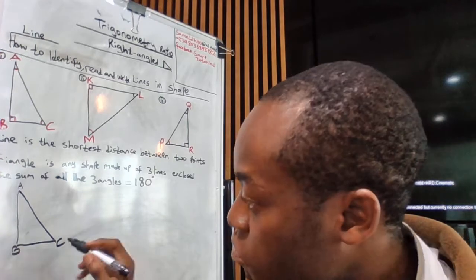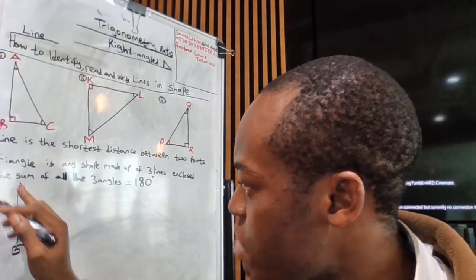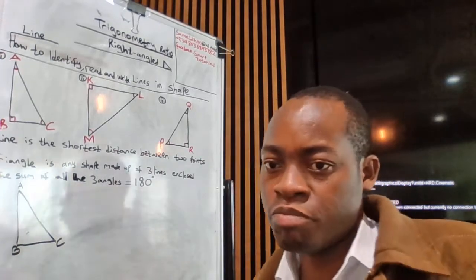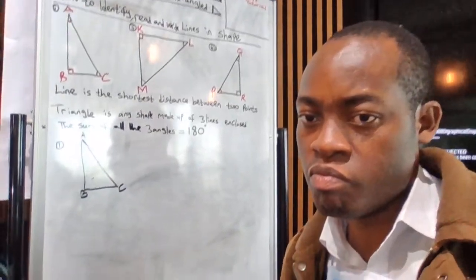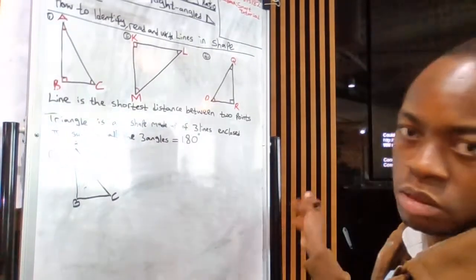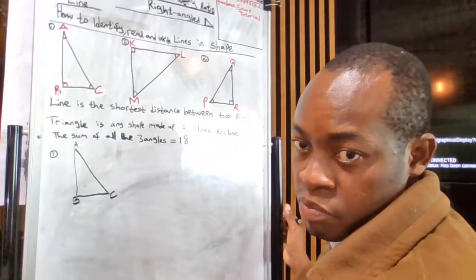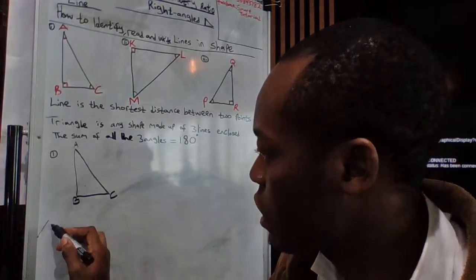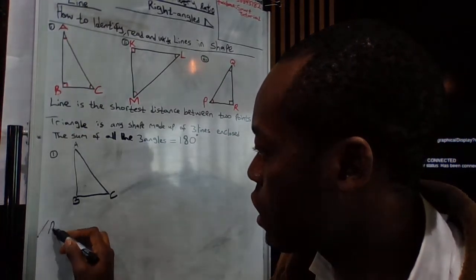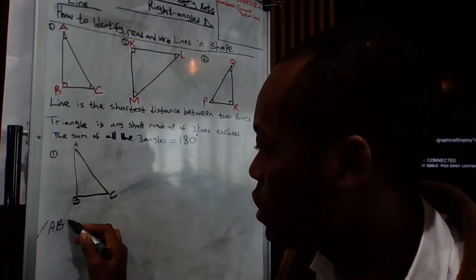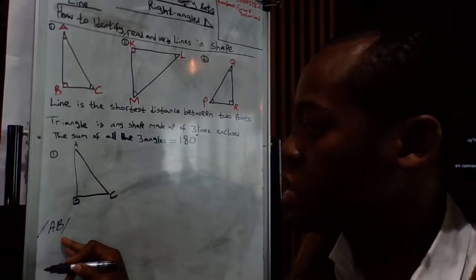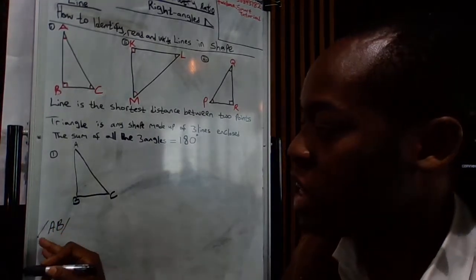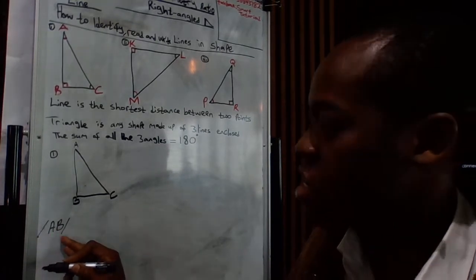Now let me tell you, this line AB, this is how to write it. You use slant, you use stroke to represent line AB.